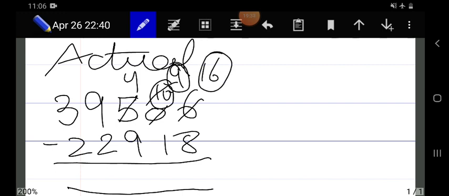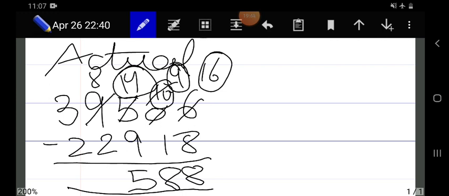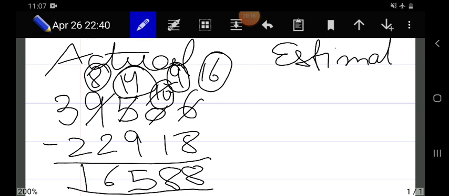So 16 minus 8 is 8, 9 minus 1 is 8 again, 4 minus 9 is not possible, so borrow from the next number; it becomes 8 and the 4 becomes 14. 14 minus 9 is 5, 8 minus 2 is 6, and 3 minus 2 is 1. So the actual difference is 16,588.